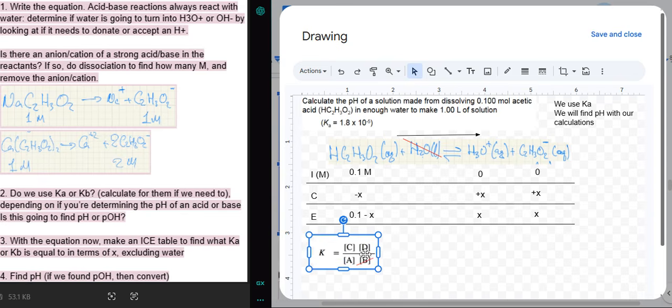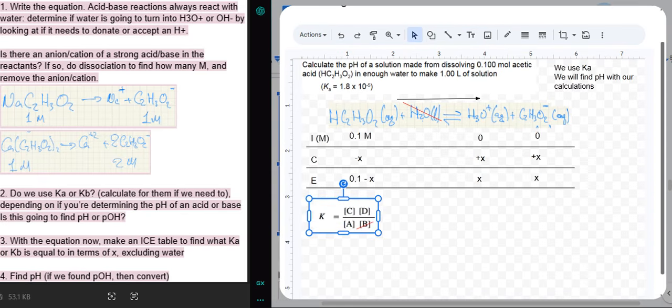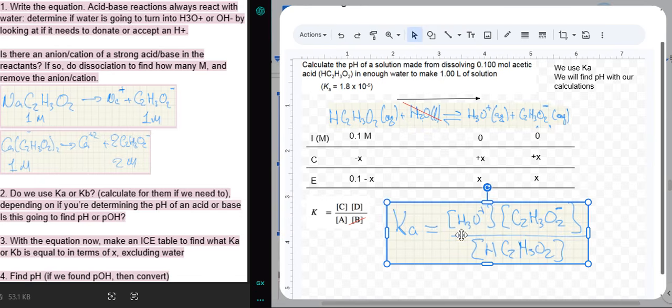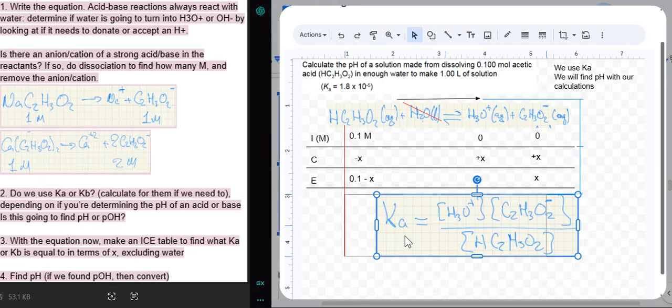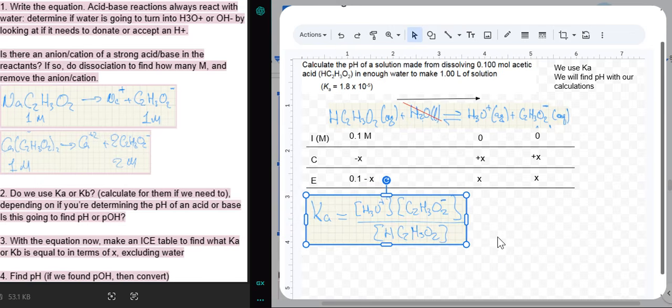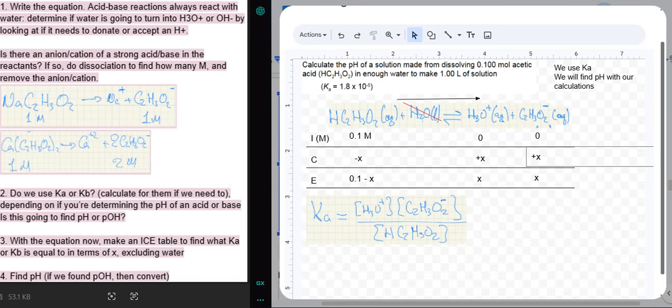And we can write this, because it's the products over the reactants, excluding water because it's a liquid. So next step is just to plug everything in terms of x. So like this.